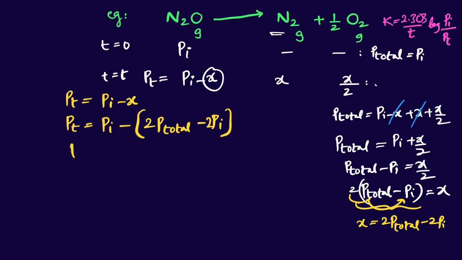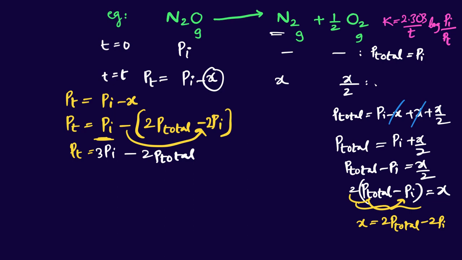Now, pressure at T time is equal to Pi, minus into minus is a plus. Therefore, that is plus 2Pi. Totally, it can be represented as 3Pi minus 2P total. Therefore, now I got the P at T time.